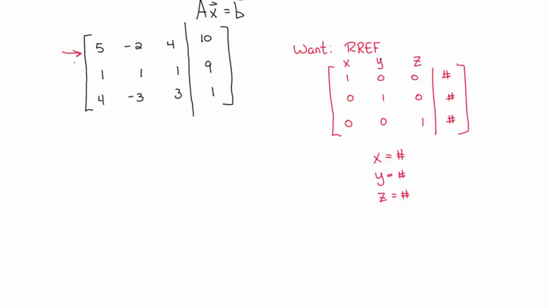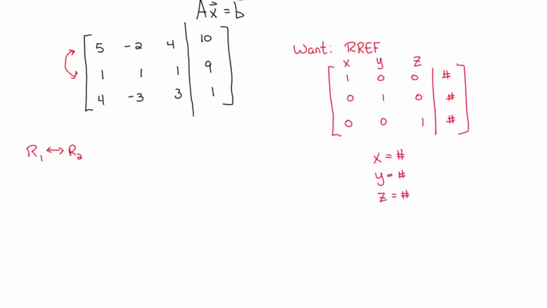I could divide this first row by 5, but you can be a little smart about it. Instead, I'm going to swap these 2 rows, because you could always swap rows, and that would force that upper left element to be a 1. The way we note this is we say row 1 exchanges with row 2.